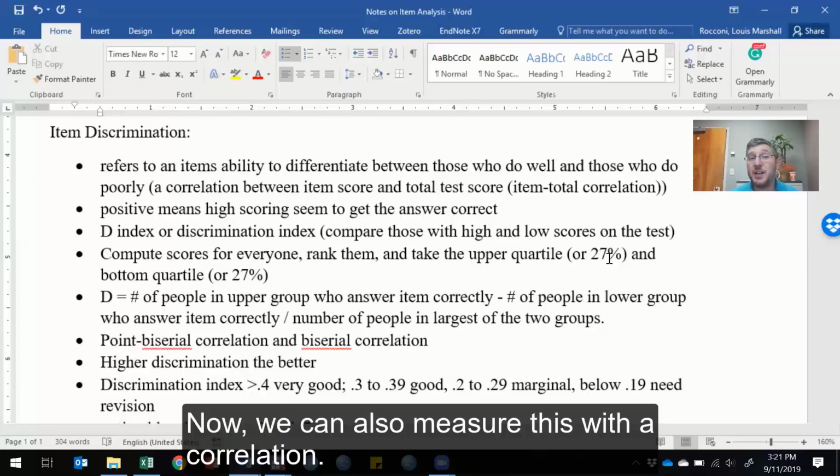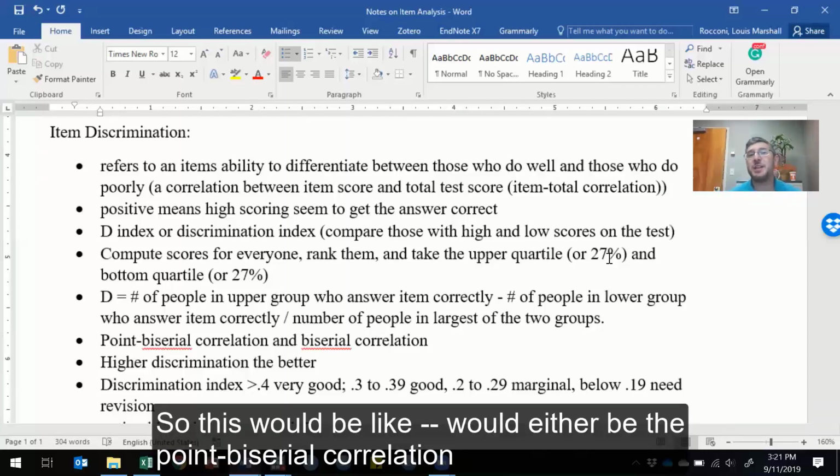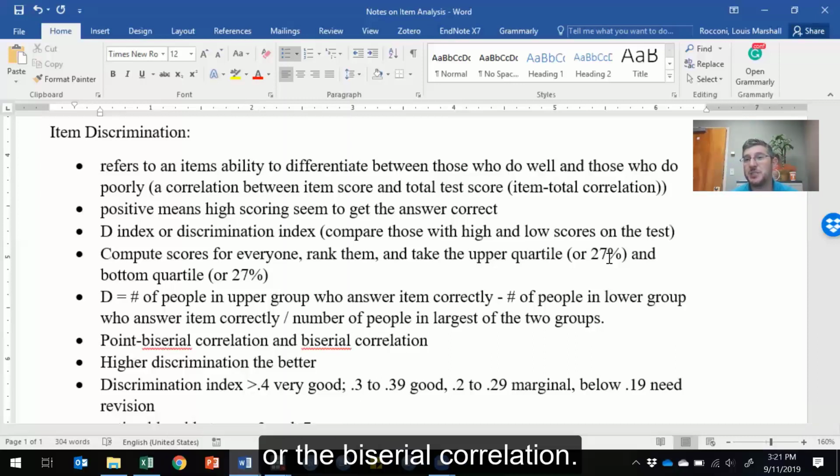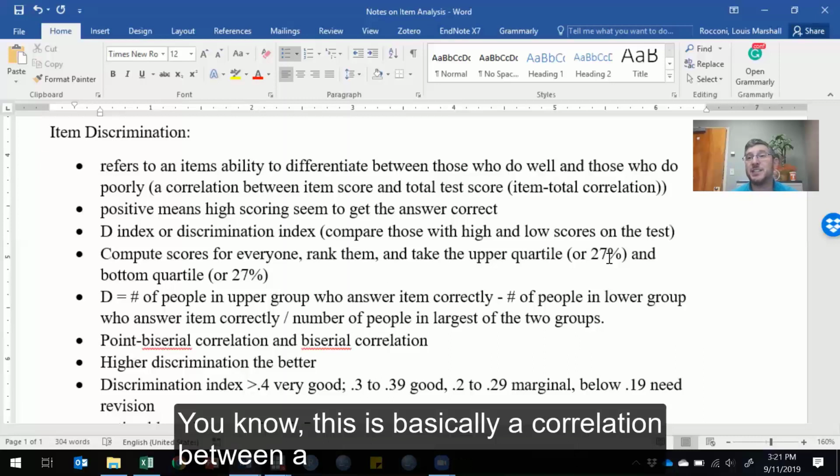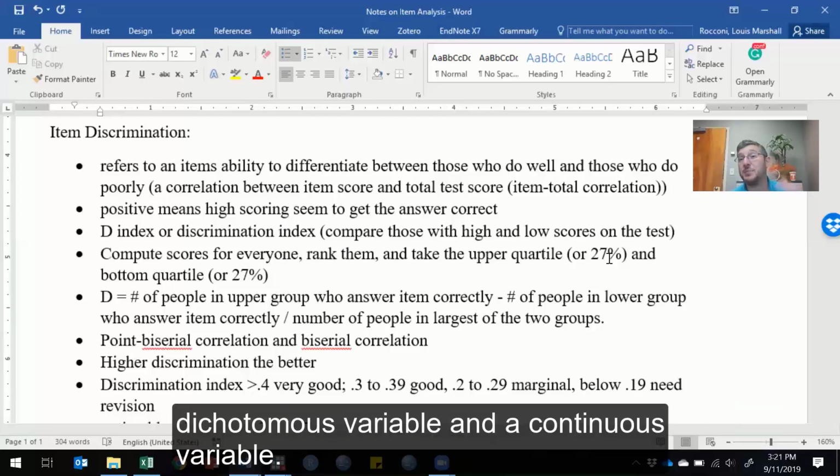We can also measure this with a correlation. This would be either the point biserial correlation or just a biserial correlation. This is a correlation between a dichotomous variable and a continuous variable, right?